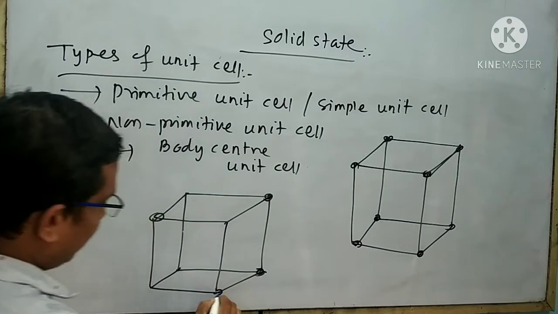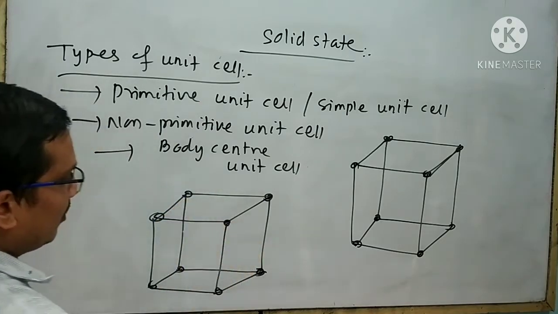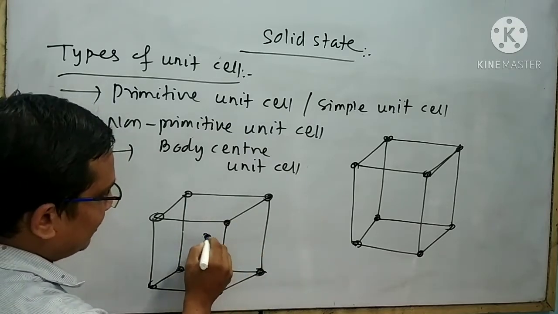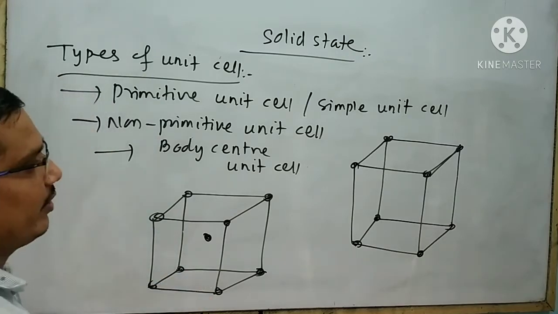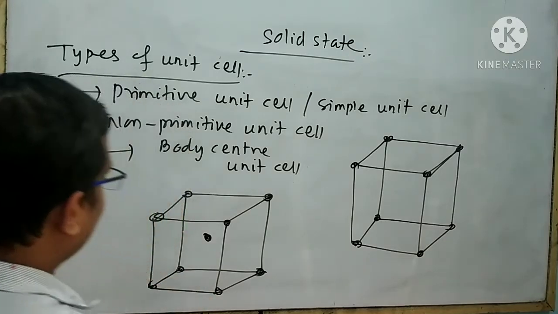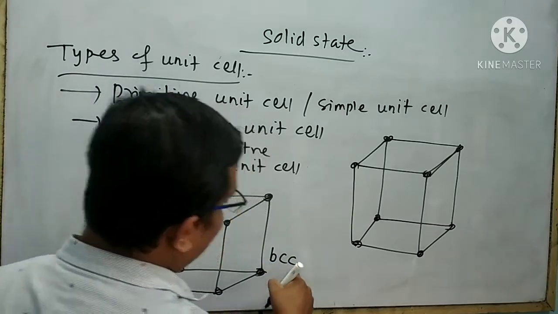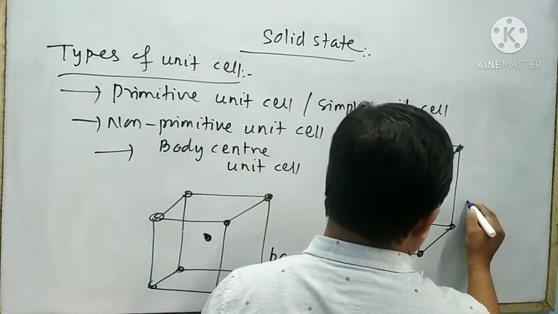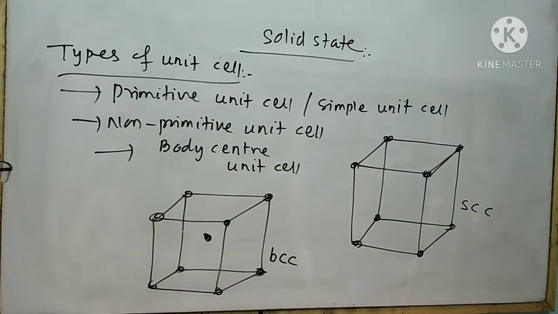This is the simple unit cell, but when an extra constituent particle is present at the center of the body, then it is converted into a body-centered unit cell. This is BCC, the body-centered cubic unit cell. This is SCC, the simple cubic unit cell.